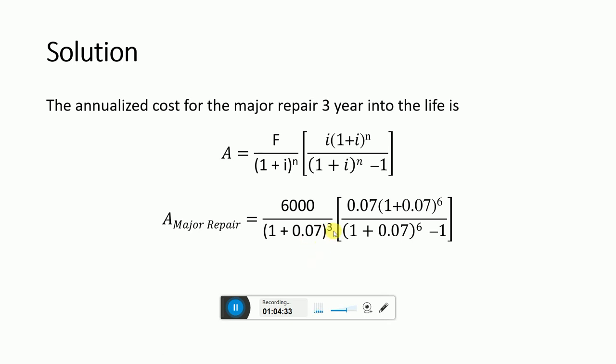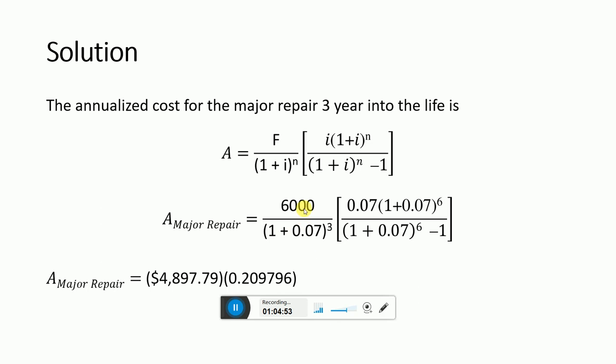So 1400 hours multiplied by 3 is 4200. By simplifying the values, we have put F as 6,000 in this formula, because it is in the future, after 3 years. That's why it's F here.